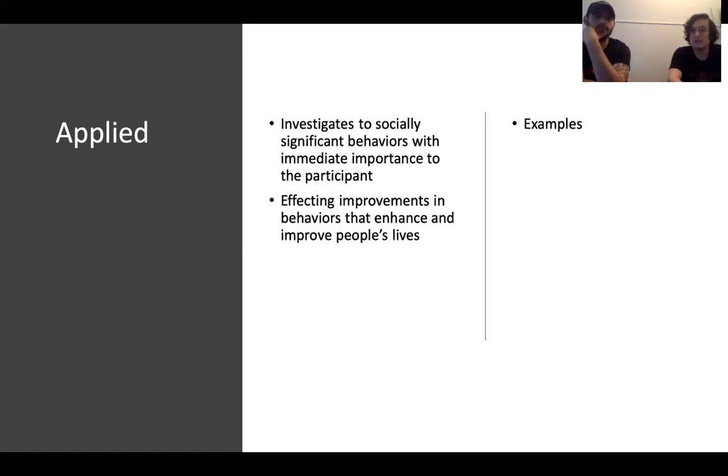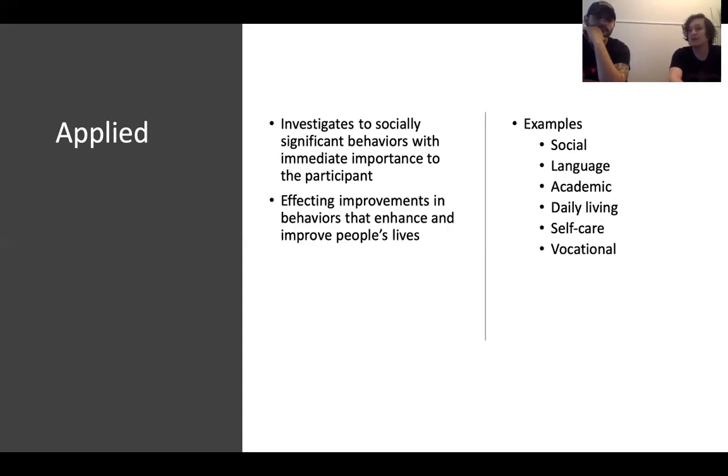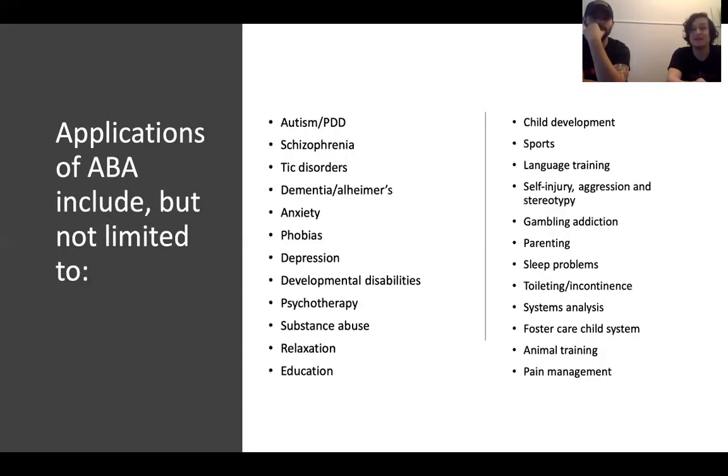So some examples of this dimension, right? We've investigated all kinds of behavior, like social behavior. We've investigated language, academic behavior, daily living skills, self-care, vocational, right? Job-related skills, recreation and leisure, right? You'd be surprised that that's actually a skill that not a lot of individuals would widely know how to do, right? And sometimes it's something that has to be taught.